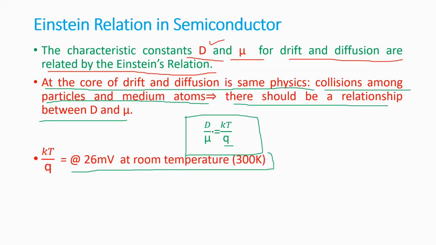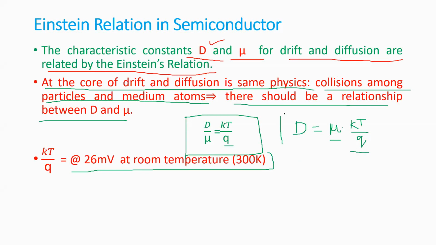So whenever you have a problem finding the value of D, what you can do is D is equal to mobility multiplied by kT by Q. Mobility is given for the semiconductor. K is known to you, the Boltzmann constant. T is known to you, the absolute temperature, room temperature, and Q is your charge.